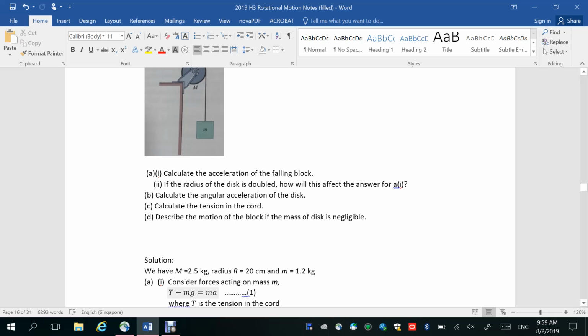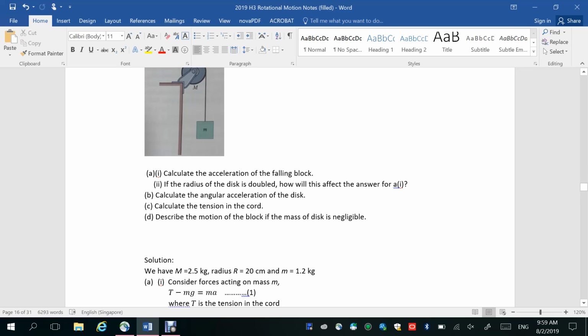So now I'm going to do a free body diagram. Because it involves rotation, our sign convention is anti-clockwise is positive. That means if I draw a free body diagram, I will have tension here. If I extend the tension, can you see that it's going in the anti-clockwise direction? So this tension will be positive. Then the weight mg is going down.